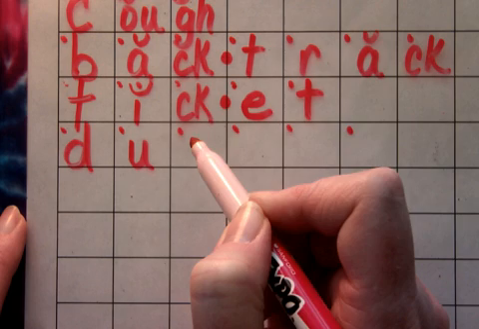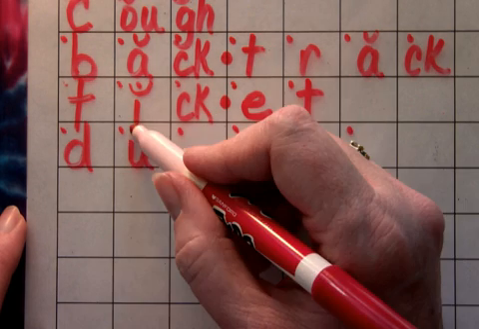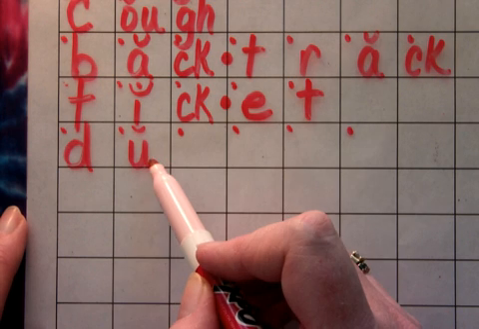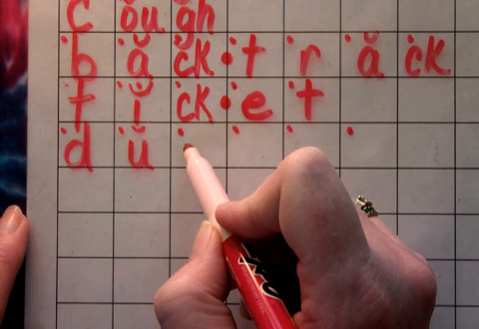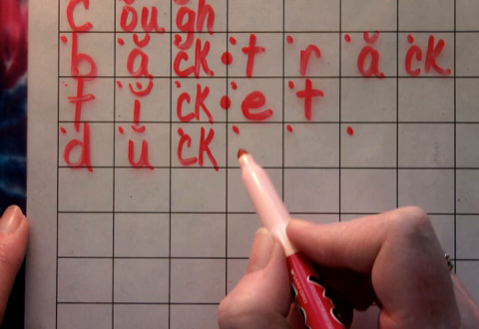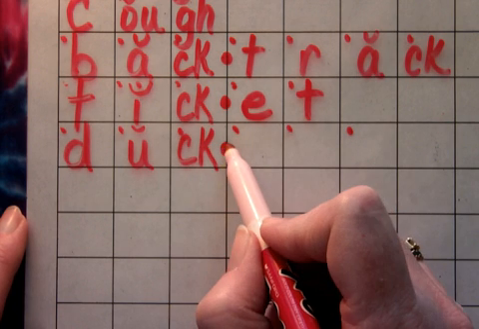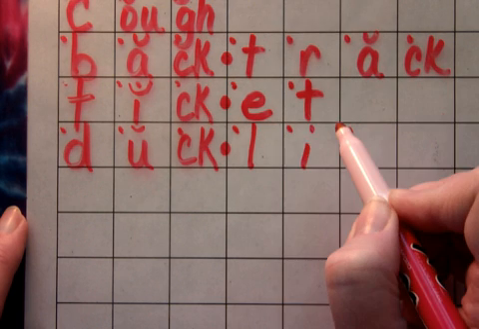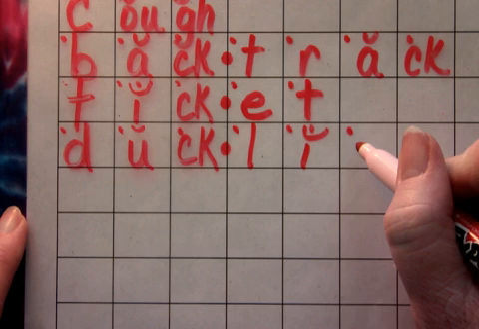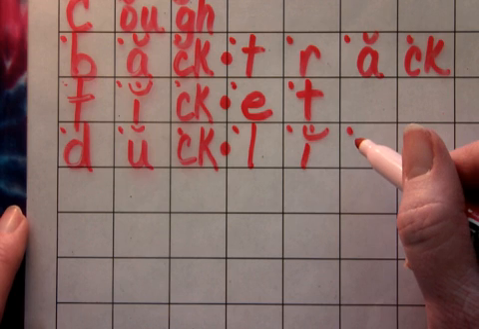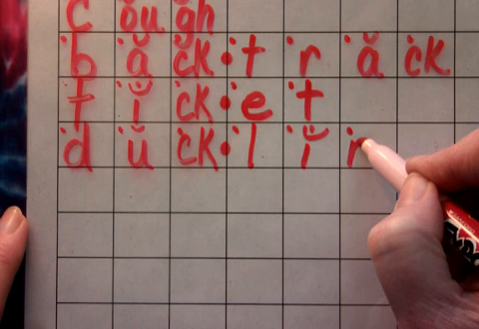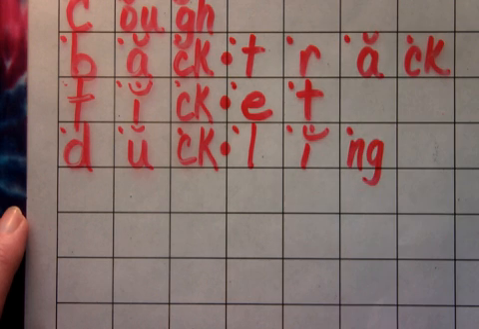Is the U. K. Following a single short vowel, the K is going to be spelled with a CK. Duck. Ling. L. I. My tongue is squished to the back, and it's making the funny sound through my nose. That's the NG. The NG goes in one box because it's making one sound.